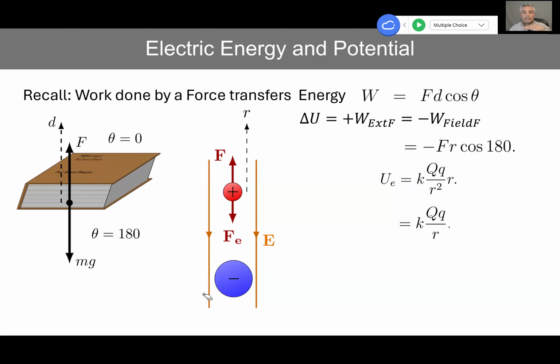For example, when something is coming down, its gravitational potential energy is decreasing. When it goes higher, the height increases, meaning gravitational potential energy is increasing. So we can build a similar idea for the electric potential energy as well.